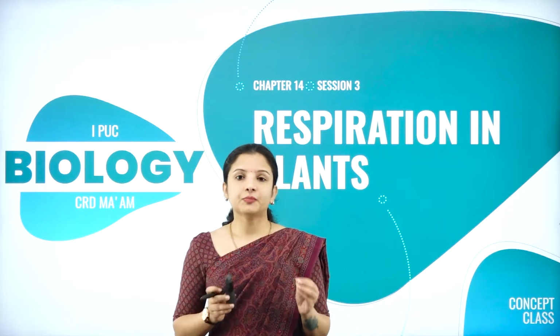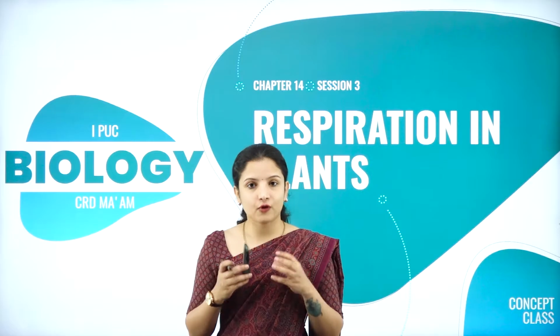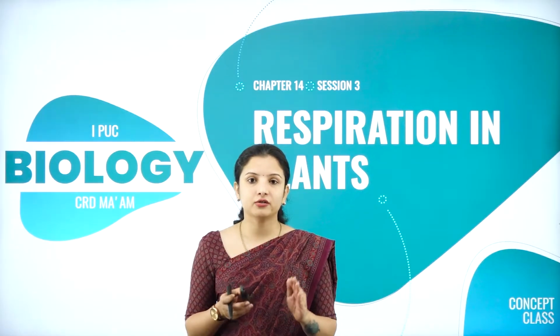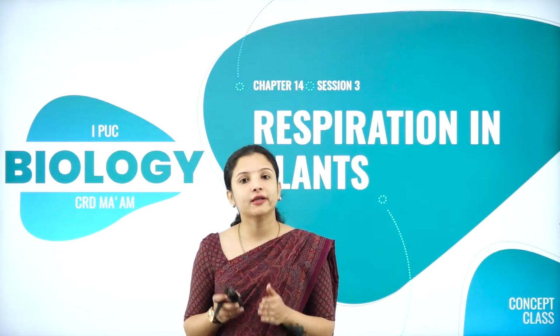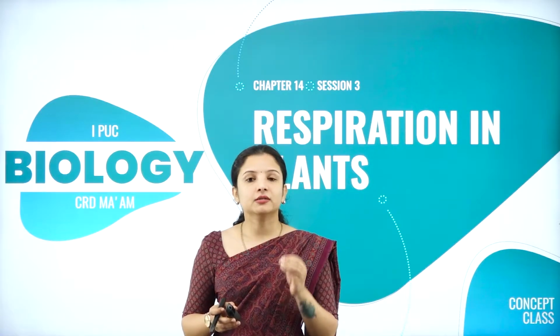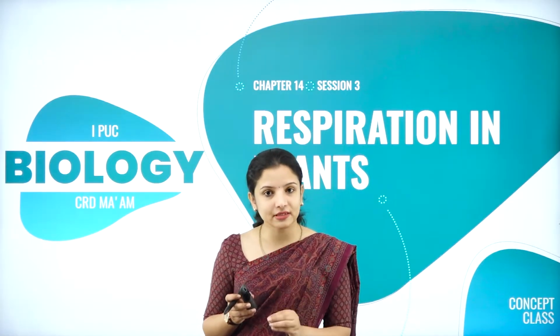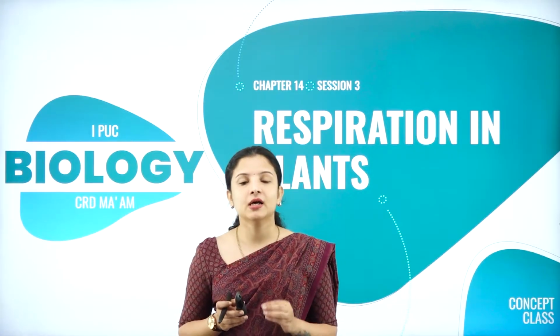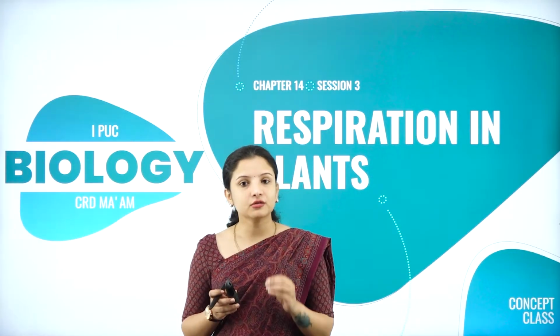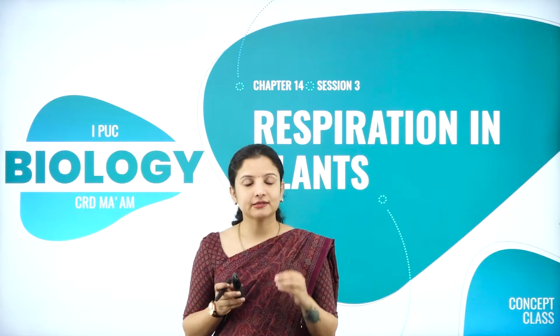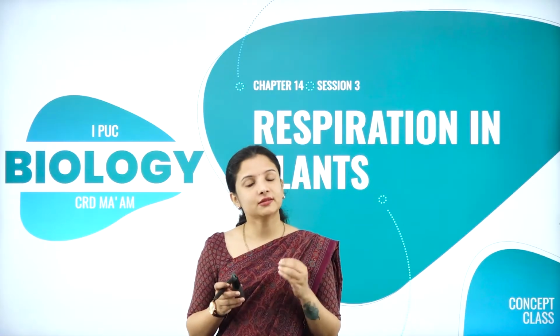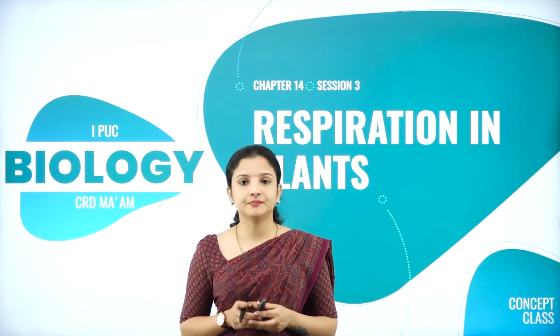If this pyruvic acid gets enough oxygen, then it will enter into the aerobic pathway, which is called the Krebs cycle. The cycle is named based on the findings of a scientist, Hans Krebs. It is also called the citric acid cycle and the tricarboxylic acid cycle.